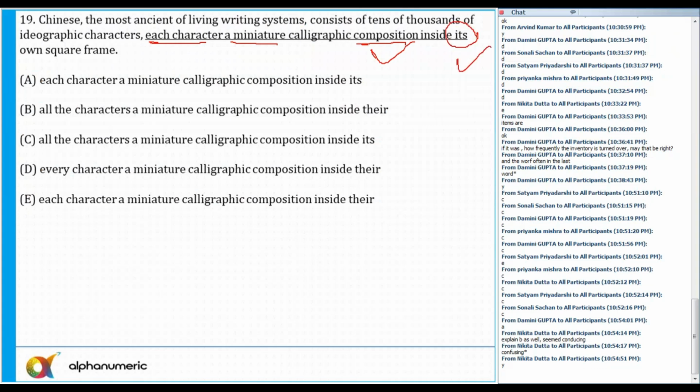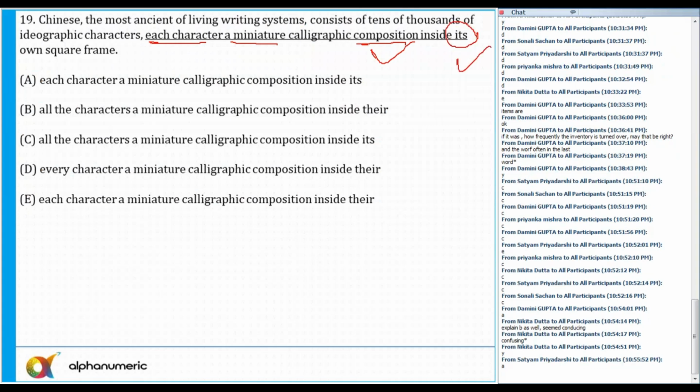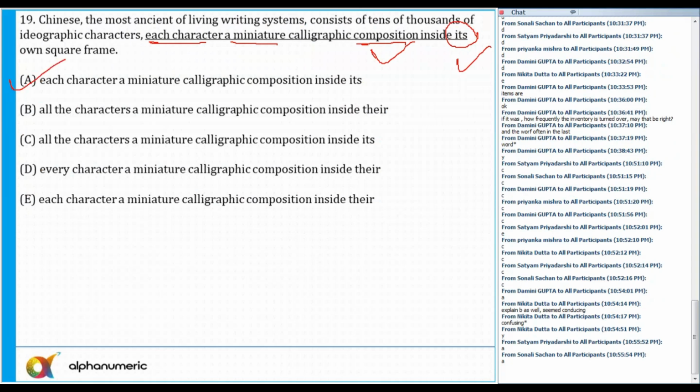Inside its, singular, inside its own square frame. Everything is all right. Answer is A. Each character is a miniature calligraphic composition. Again, it is correct. This is also singular, and it is inside "its." "Its" is singular. Everything is right. A is the answer for question 19. There's nothing wrong. Did you understand? Anybody has any other doubt, please ask.